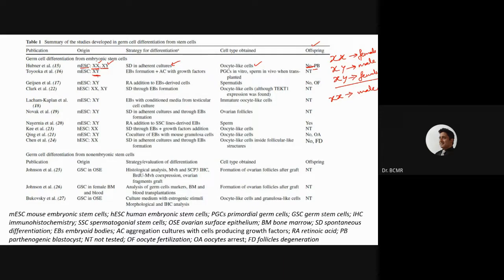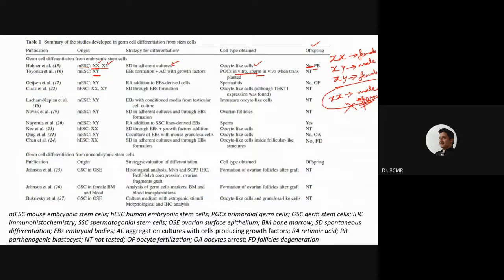It can become a sperm or a male, or an oocyte in vitro. This is a table summarizing many papers together. So it forms sperm, and I want you to find if there is any female. That will not happen here. That means a female cell giving rise to a sperm, sorry.